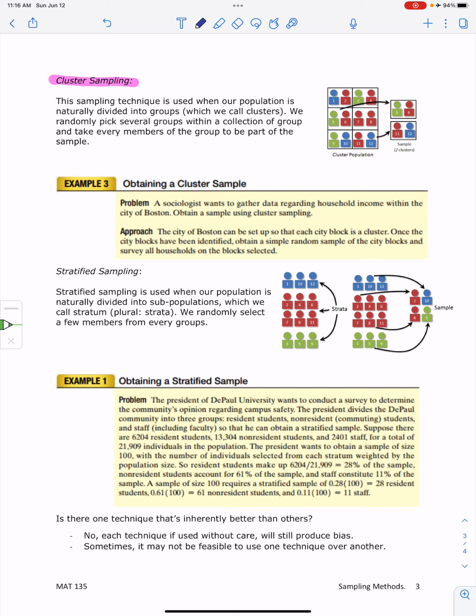So if I went to sample, I might choose randomly from the schools and end up with 4 schools total. And so you have another example here, example 3, that discusses a different example to use in terms of a cluster sample, when we're viewing entire city blocks as our clusters.